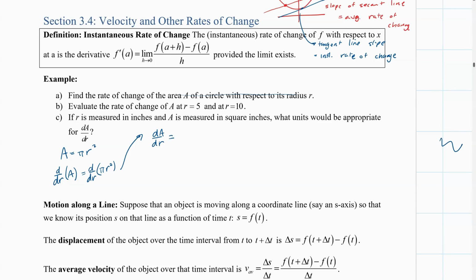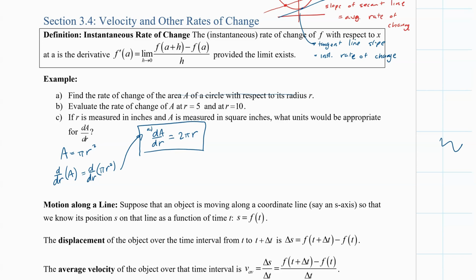And I go ahead and take the derivative of this other side, and I get 2 pi r. I bring the power down, multiply by the pi, reduce the power by 1. Great. So we have now found answer A, the rate of change in the area with respect to the radius r.